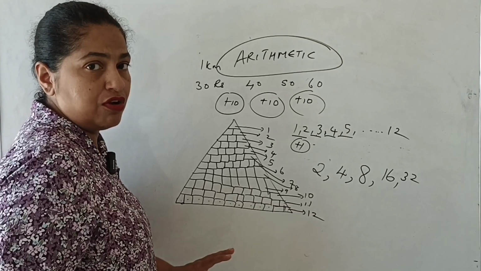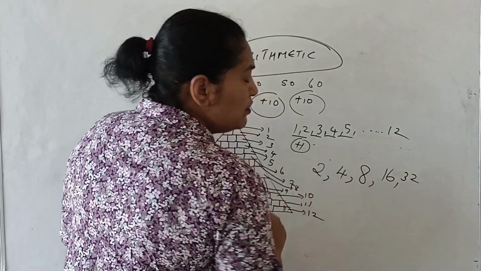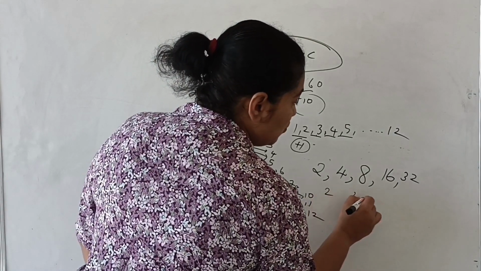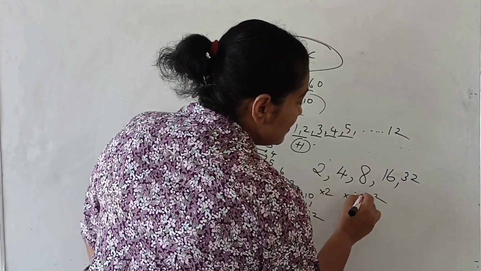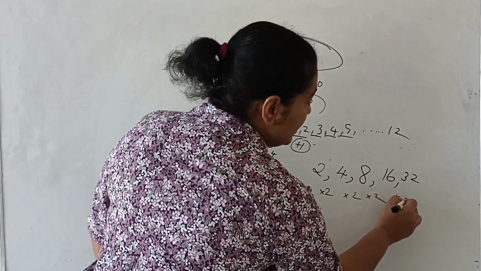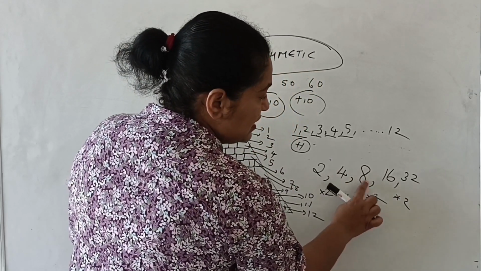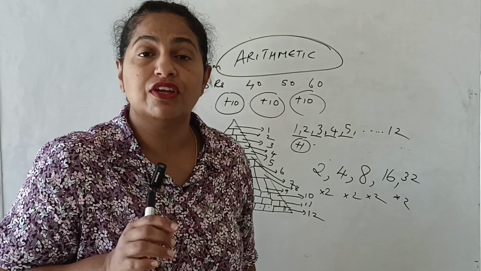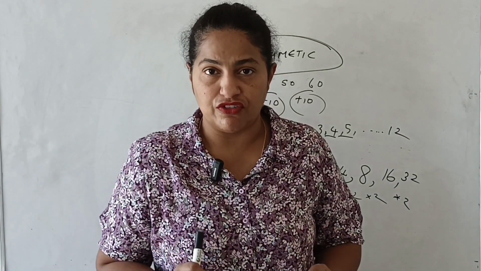I am stopping the progression over here. What can you see? You can see that the ratio between the successive terms is 2, but it is multiplied. It is not added. 2 2s are 4, 4 2s are 8, 8 2s are 16, 16 2s are 32. This type of progression is called a geometric progression.